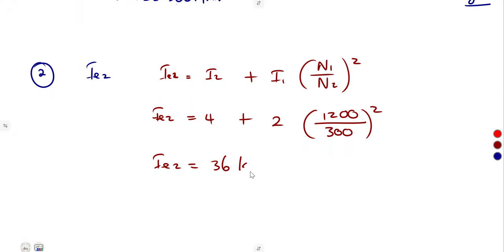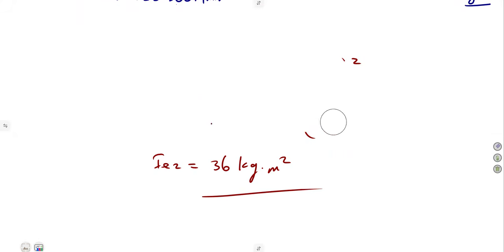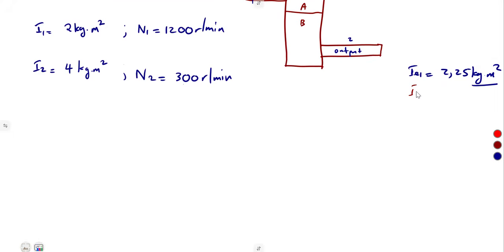So we have got 36 kilogram square meters as our equivalent moment of inertia referred to the output. All right, so that is it. In case we're going to need this, then we have to use the value that we calculated. All right, so that was the question.